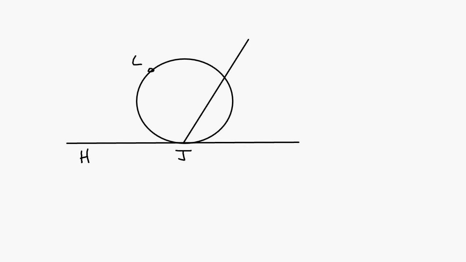Here's a tangent and a secant. Your points are H, J, L, K, and you're given the angle of 116. You're asked to find the measure of arc JLK.